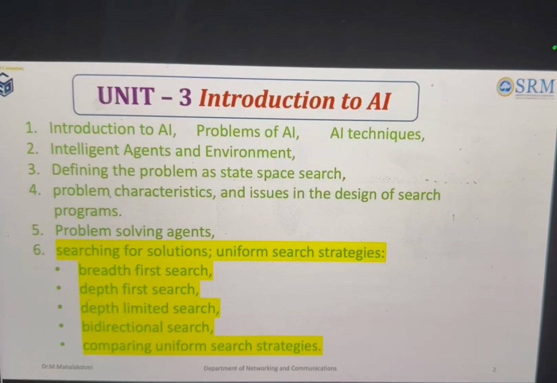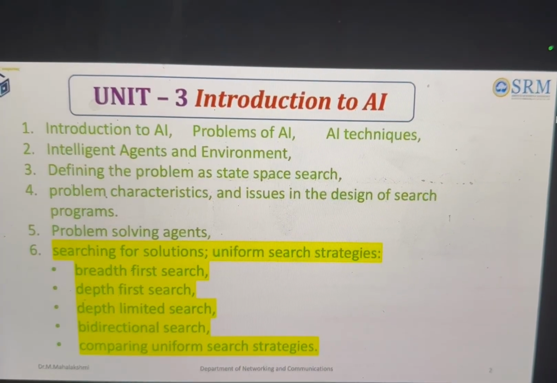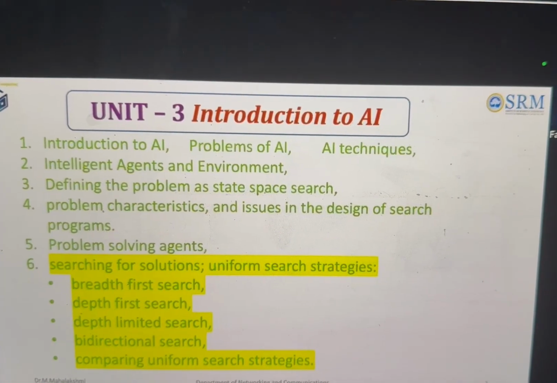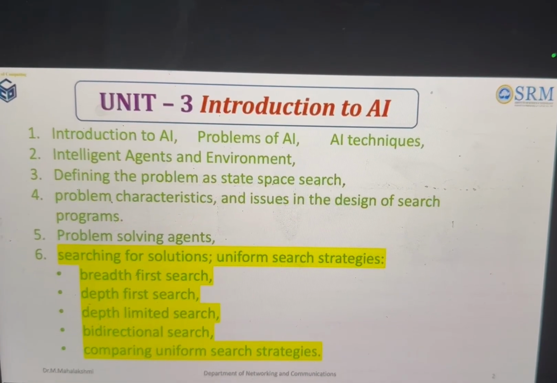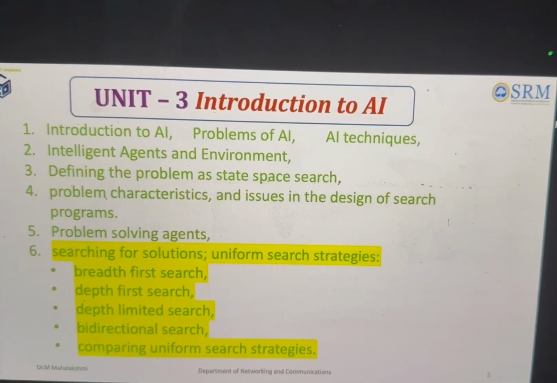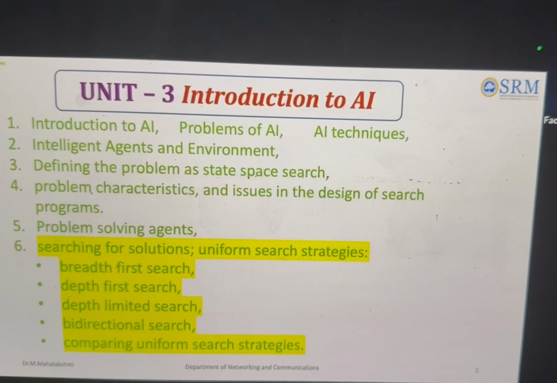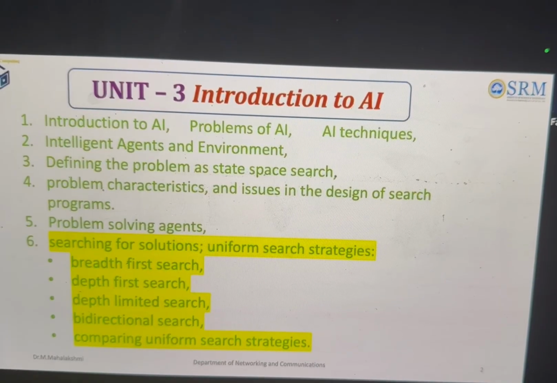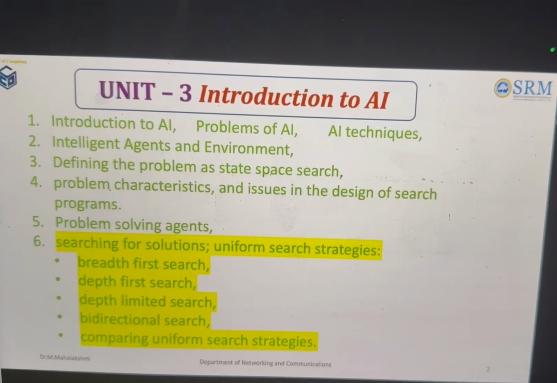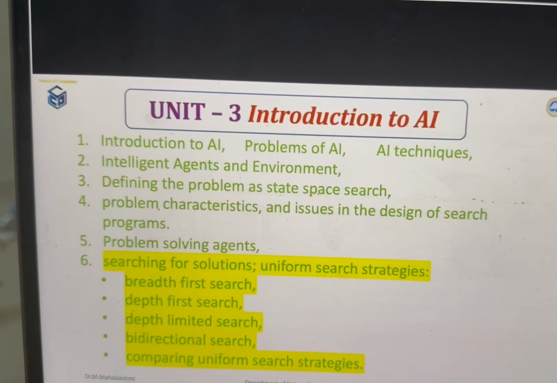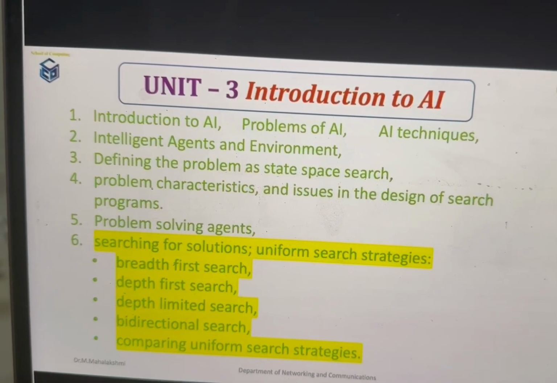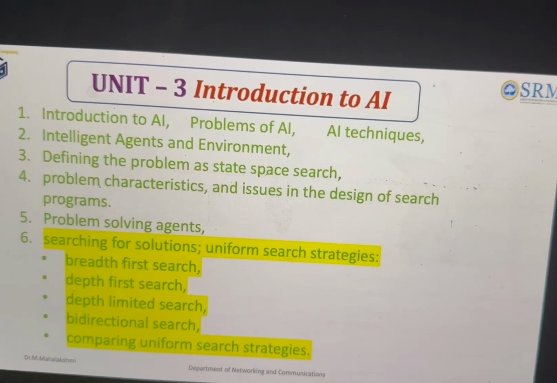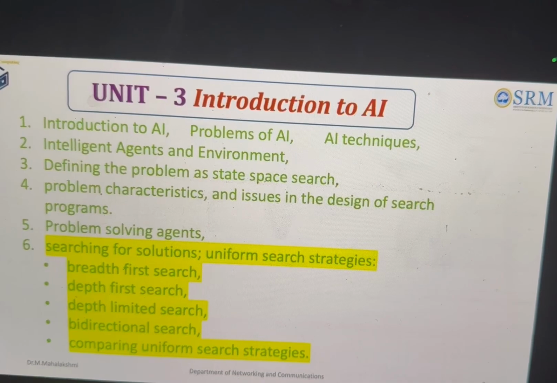So we have to study different searching algorithms, searching techniques, methodologies for AI. So the algorithms for AI can also be called searching algorithms. So your unit 3 for AI is introduction to AI, basic terminologies, basic things about AI, and searching algorithms.